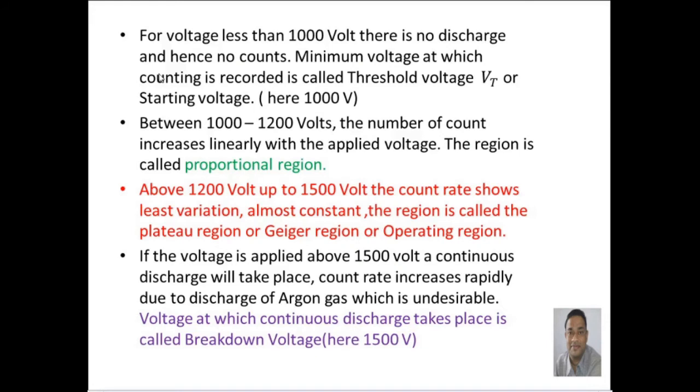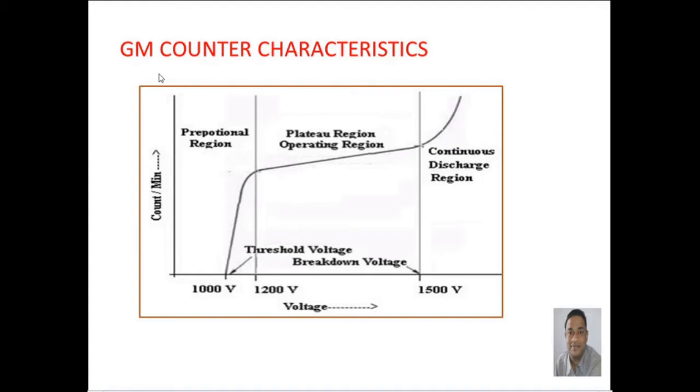Now, when the voltage is further increased between 1000 volts to 1200 volts, the number of counts increases linearly with the applied voltage. This particular portion of the graph where the count is directly proportional to the applied voltage, there is a linear relationship. It is called the proportional region.